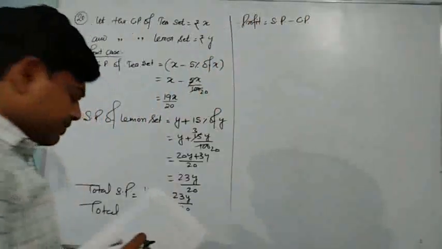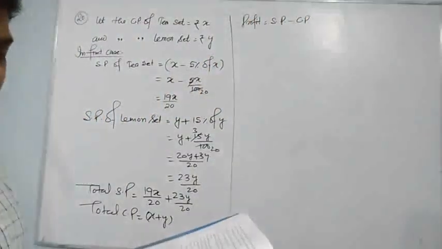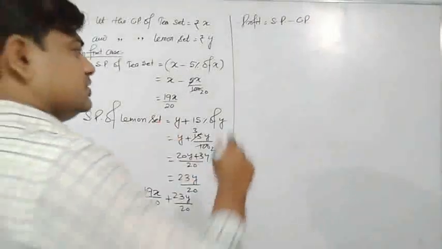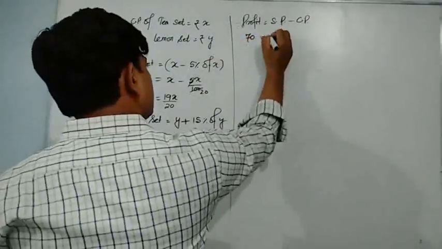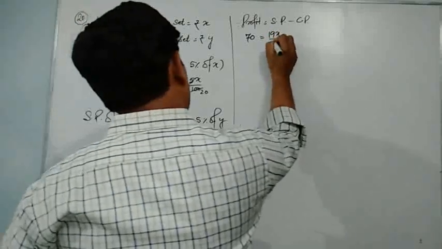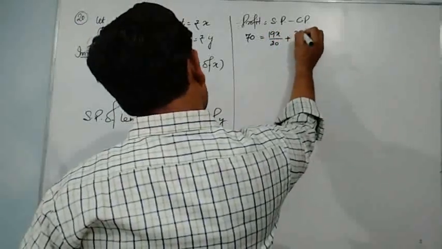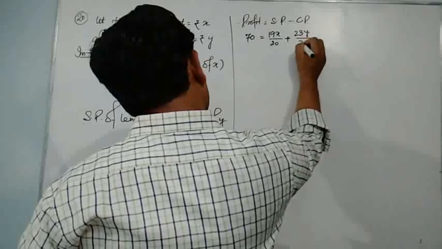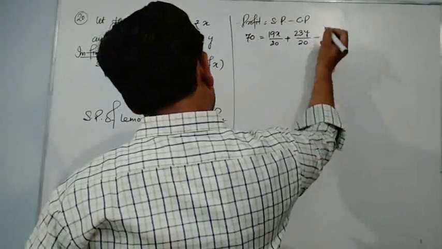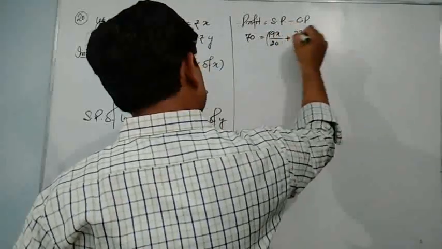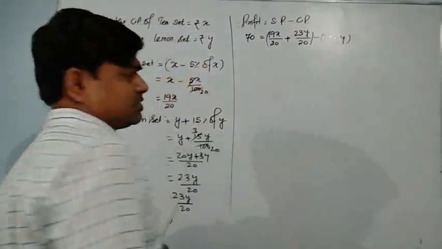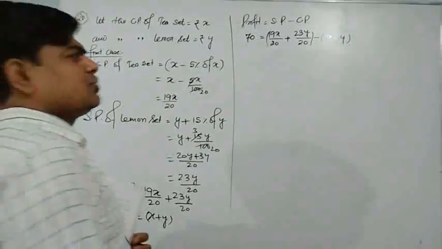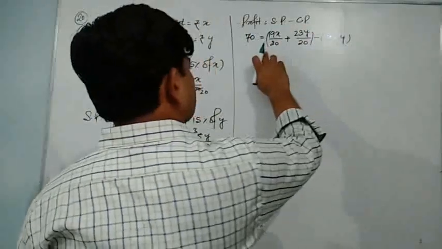Now what is the profit? In first case we are getting 70 rupees. And what was the SP? 19X upon 20 plus 23Y upon 20 minus X plus Y. Simplify it, and to simplify, one very easy thing is there.